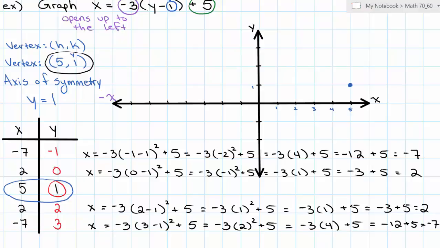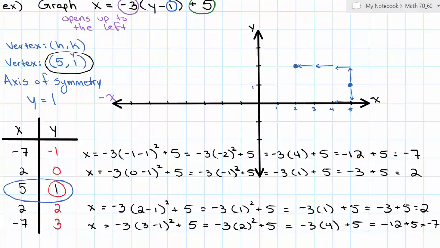Now, if I were to use that basic graph to help me, one way of doing this is the pattern with the basic graph: it usually goes up 1 over 1, up 1 over 1 to get the next point. But because we're multiplying by a factor of 3, I'm going to go up 1 over 3. 1, 2, 3.